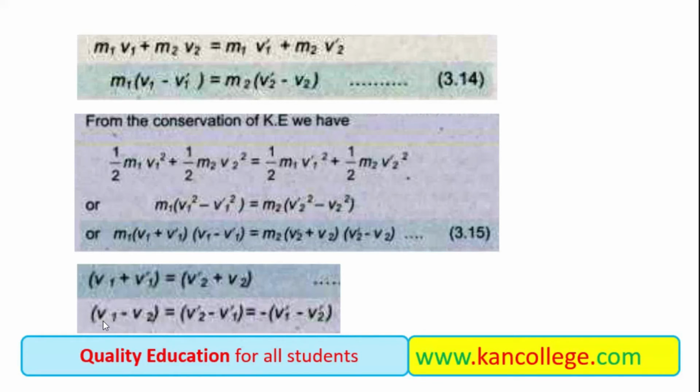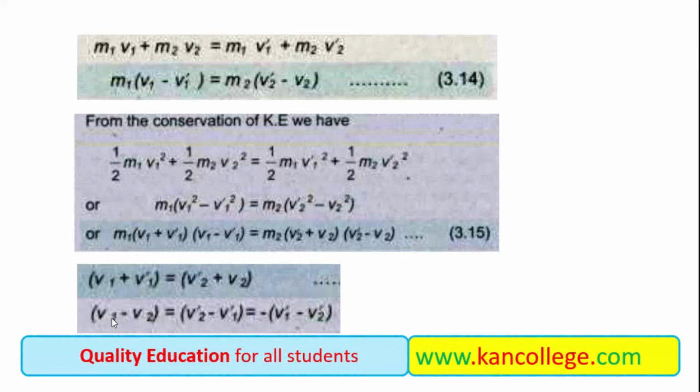And this shows that if initially v1 is equal to 10 meter per second, and the second ball is moving with 4 meter per second, the first ball will approach the second ball with 6 meter per second, as initially m1 was moving with a speed of 10, m2 was moving with a speed of 4.